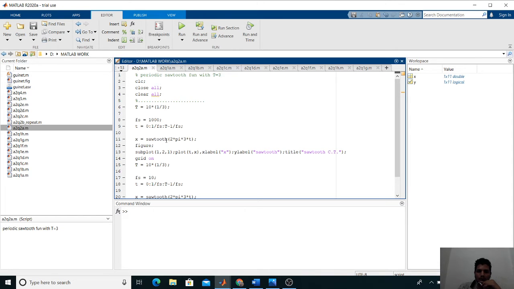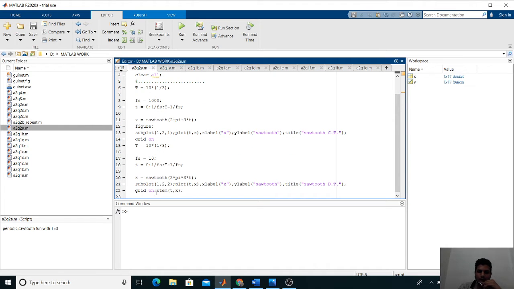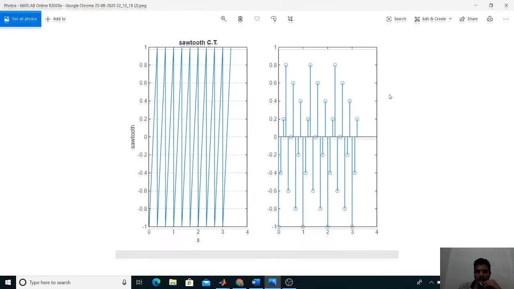Sawtooth already exists here in MATLAB, so I have directly used it. This I have written for the continuous, and this for the discrete. I have taken the stepping smaller, so that's why I have looked at this. Let's see how it looks. It comes out like this, as I saw earlier.